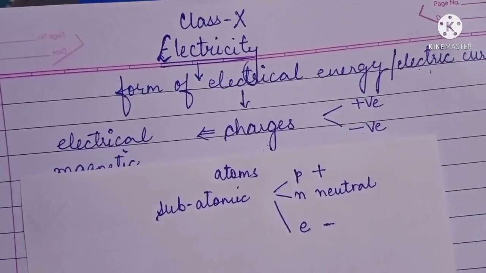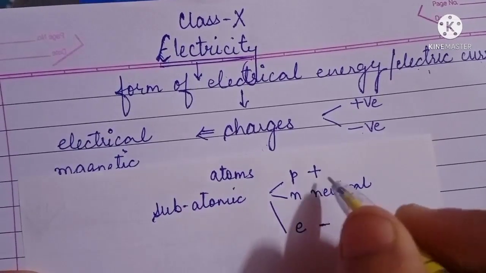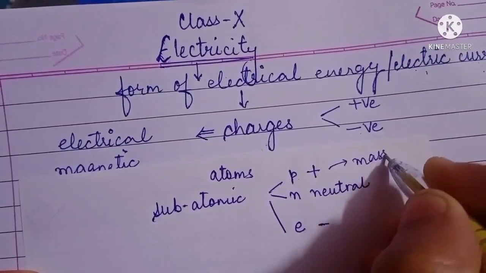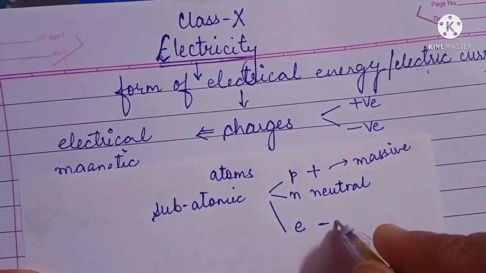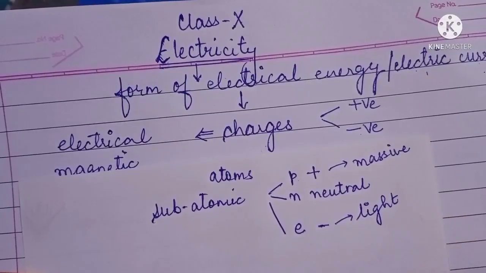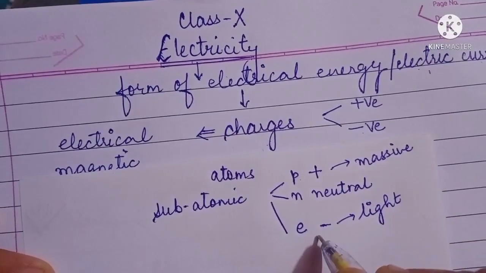Here I'll move forward with a little more explanation of their properties. Protons are massive subatomic particles which cannot move easily. But electrons are light particles, the light subatomic particles which can easily get drifted. Now what makes them drift?